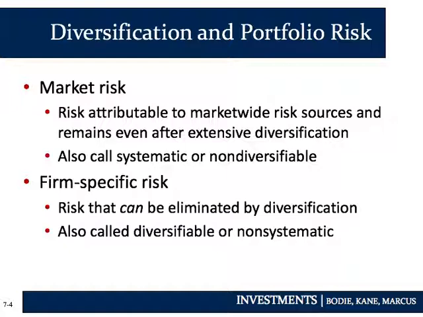So the individual firm can withstand some of the market risk, or it could collapse in a good market. So when we start thinking about market risk, that is the risk attributed to market-wide risk sources. I use the overall economy, but there are several others. We also call that systemic risk or systematic risk, and it's non-diversifiable.